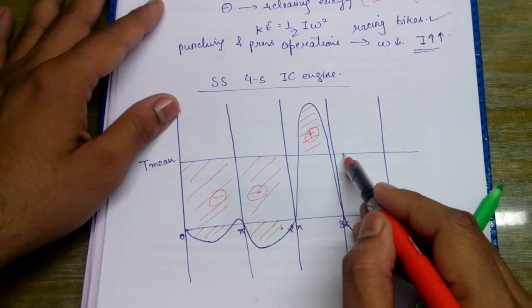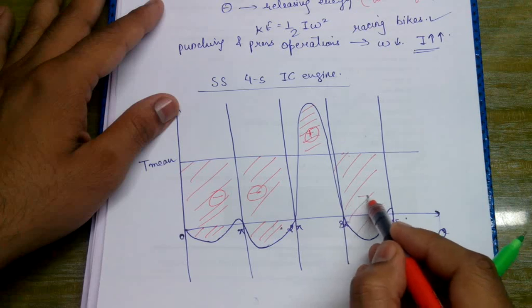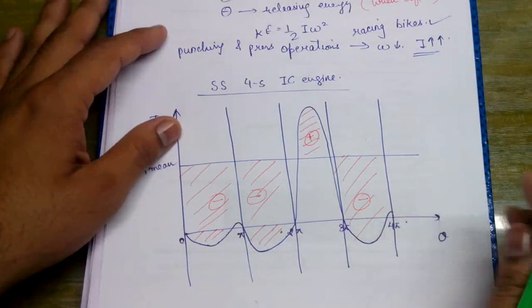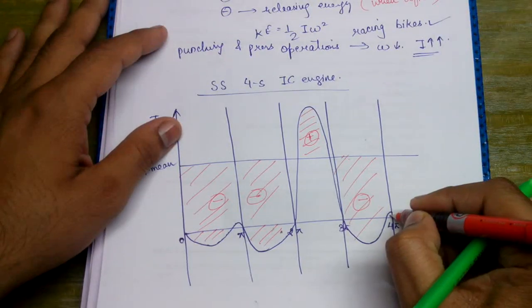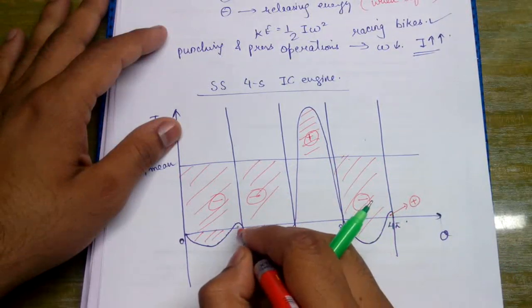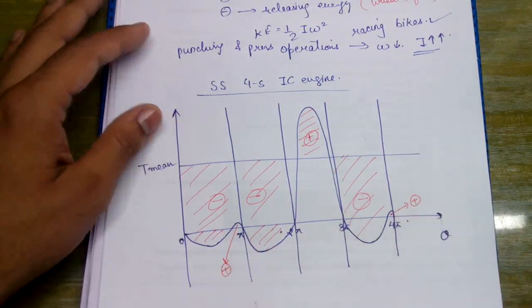Okay, this is all negative area. Now we see that there are some small portions which are positive also. This portion is actually positive, and here we have this portion also as positive.